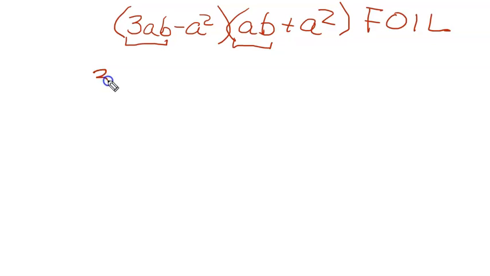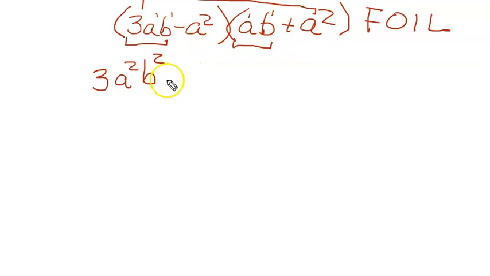This will give us 3a squared b squared. Multiplying this times this, keeping in mind we're just adding these exponents. Now the O stands for the outers in this arrangement.